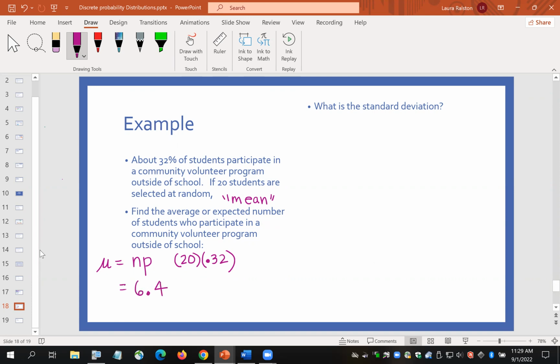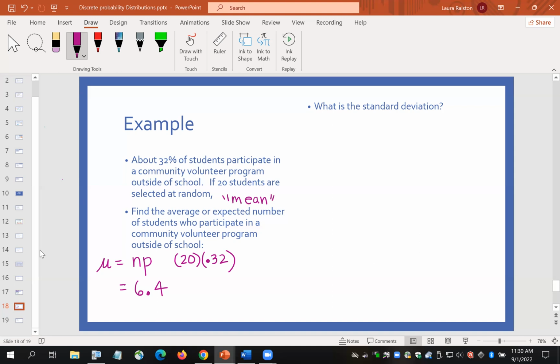So on average, I should expect to have between 6 and 7 students participate in a community volunteer program outside of school. It's 6.4, so if we round it to the nearest whole, it would be 6. If we allow for that extra, it could be 7. That's why I'm saying the average or the expectation could be between 6 and 7 students.